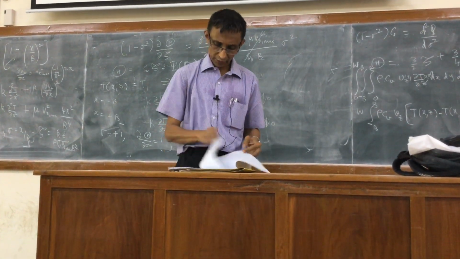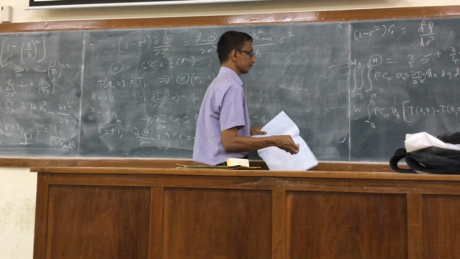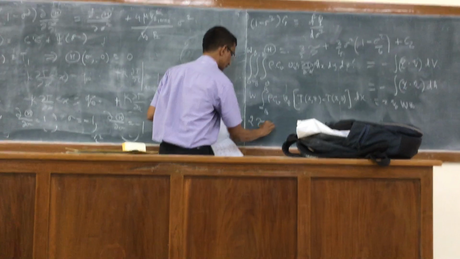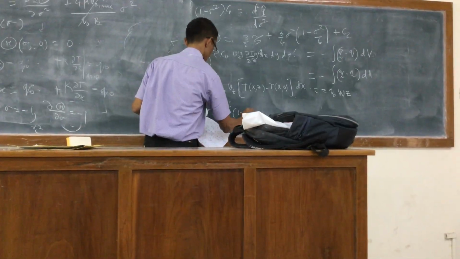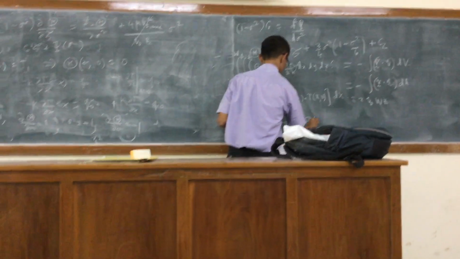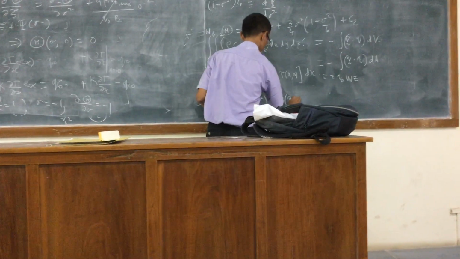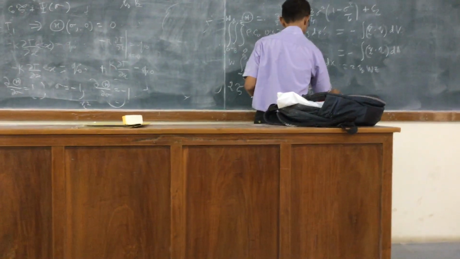So what you can easily do is to show that, in terms of the dimensionless variables, you get the following equation, times theta, d sigma.